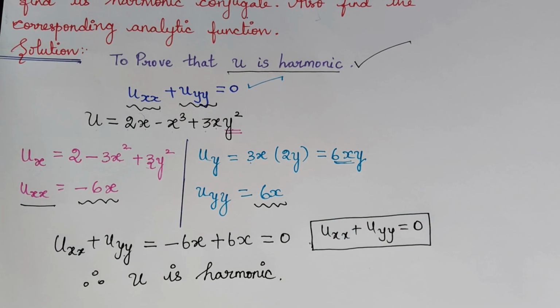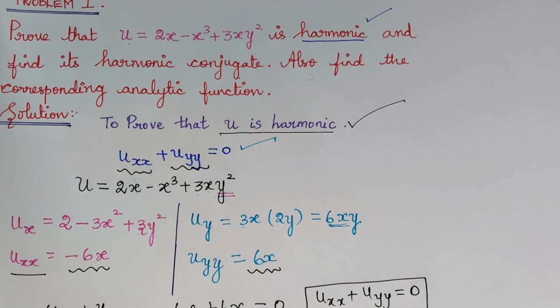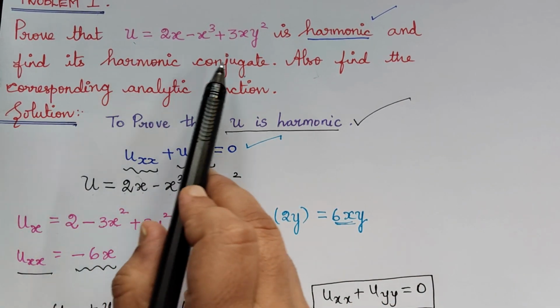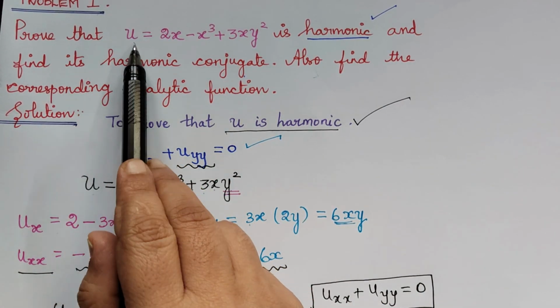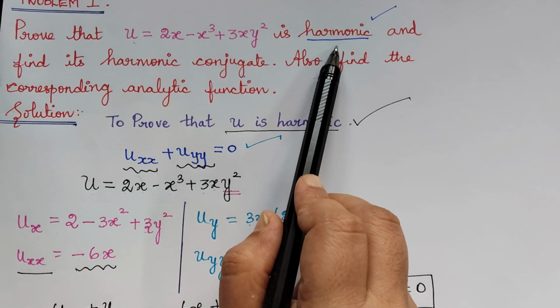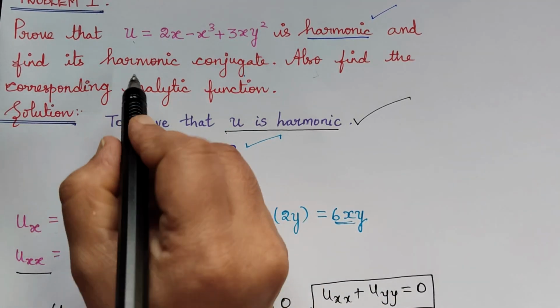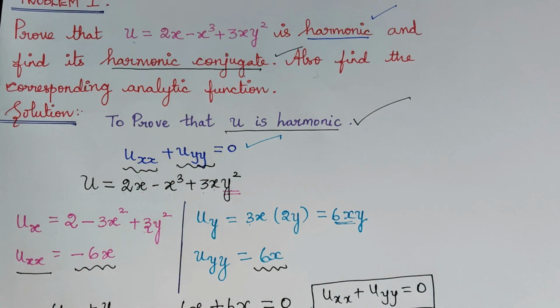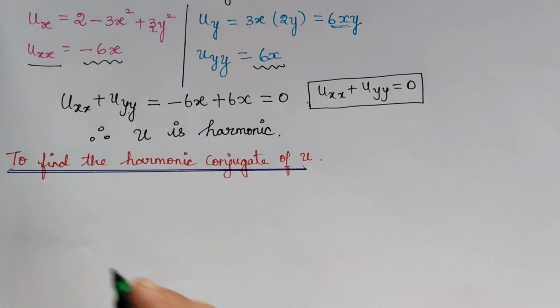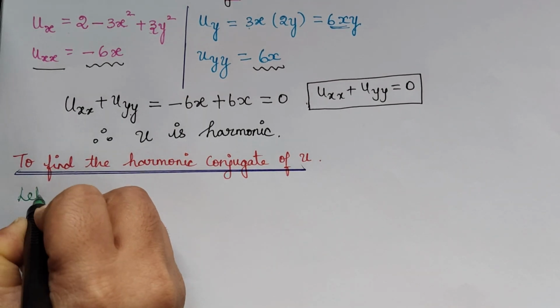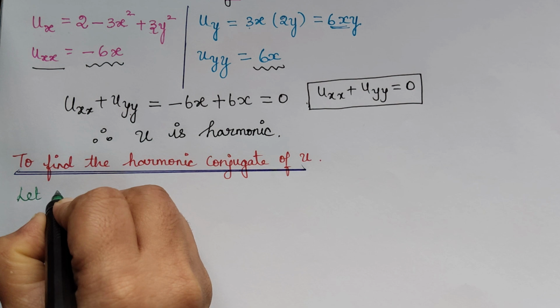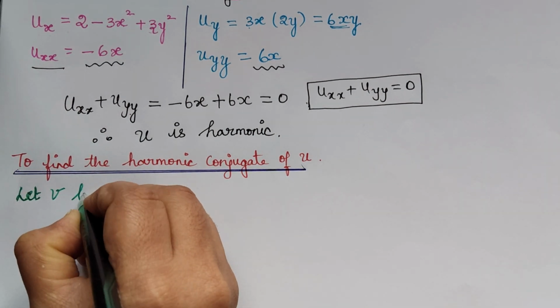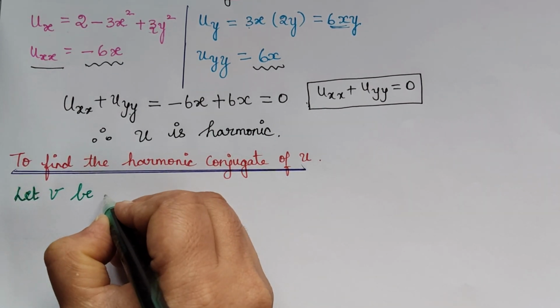Now after this we have to find the harmonic conjugate of u. We have proved that u is harmonic, and now we have to find the harmonic conjugate of u. So, second part. Let the function v be the harmonic conjugate of u.